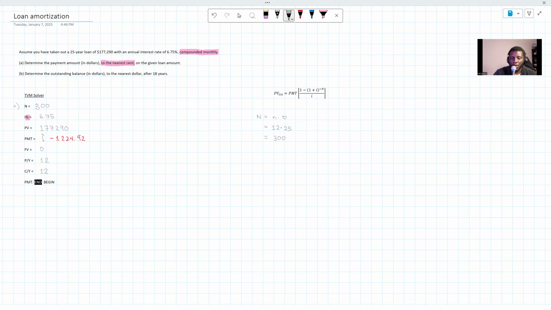For part two, or part B, they want us to determine the outstanding balance after 18 years. Let me mention a typical mistake I see before I solve it the proper way. Most often, people correctly determine that the amount you pay at the end of every month is $1,224.92, and since you have 300 of these, you multiply this by 300 to get a certain value.